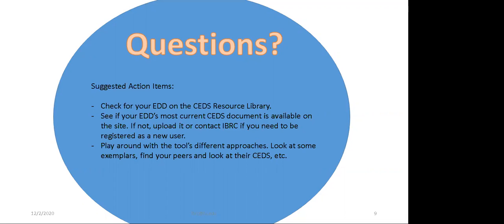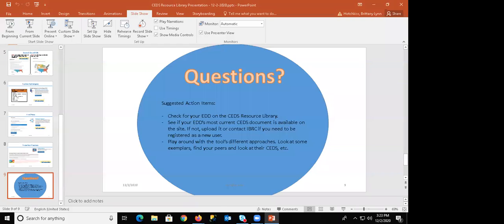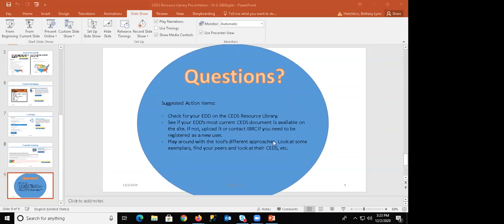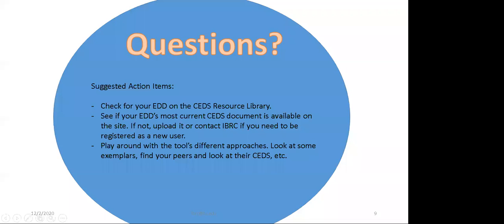And Brittany, there's a great question for you in the chat box, because I know you and Vicki are already gearing up for the 2019 ACS data. And so Rachel wants to know, how soon will we update it after we get the data on December 10th?